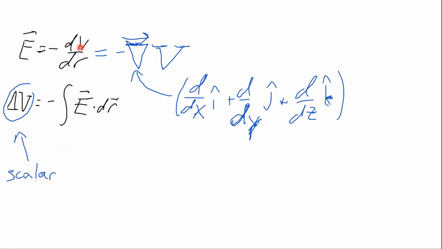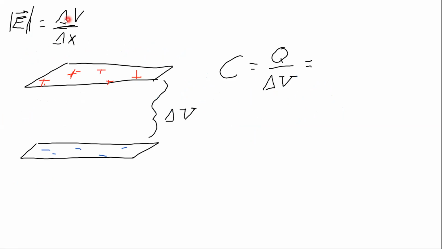Now, how come I went from dV over dr to delta V over delta x? What can you tell me about the electric field in a parallel plate capacitor? It's constant, right? So that tells me you have a constant rate of change of voltage over distance. That's why I just put delta V over delta x. This ratio is held constant because our electric field is constant.